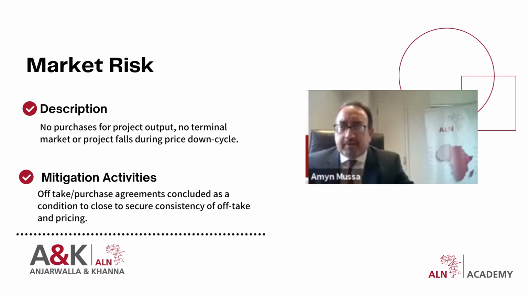If people use the rail or don't use the rail, that market risk sits with government. So the question is, if the government decides under a PPP model to pass on that risk to the private sector, how does the private sector manage that risk?